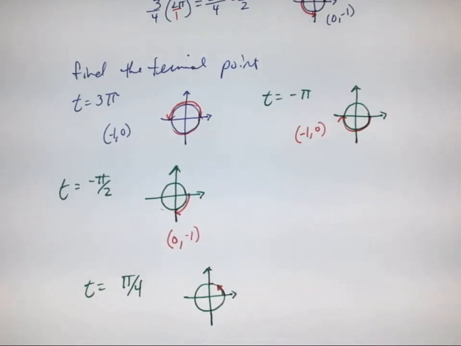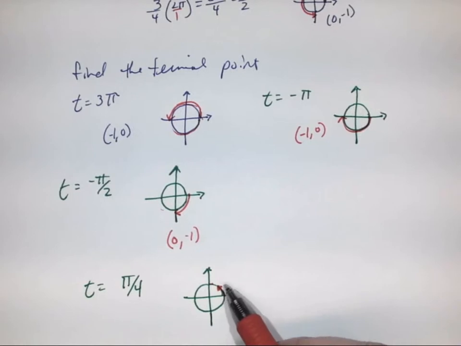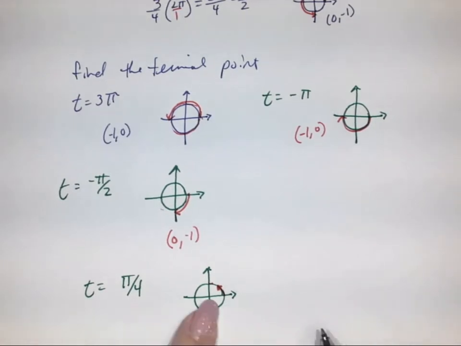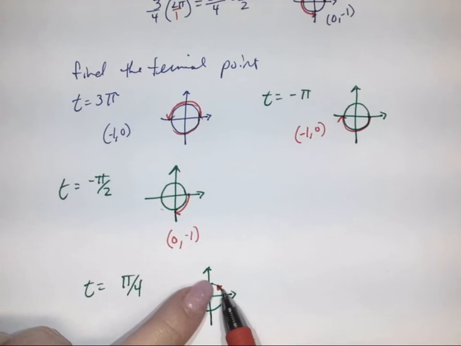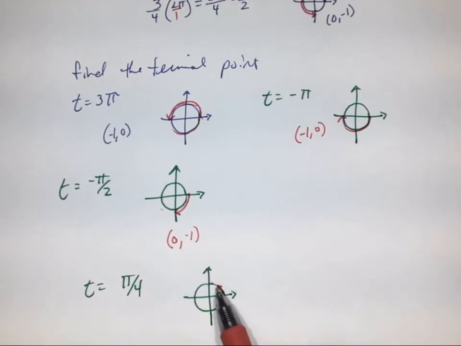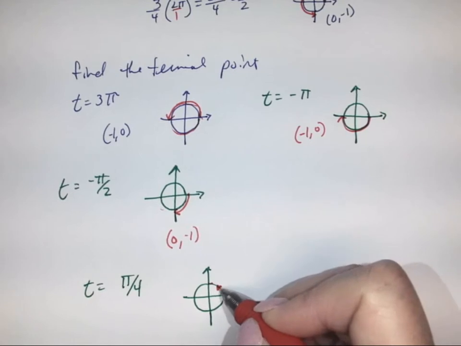Now we haven't figured out what those values are, but we can use some knowledge that we have. If we're 1/4 of the way and we're in quadrant 1, we can understand a couple of things. First of all, if we're landing halfway up, our x and our y values will be equal to each other, because it's the same distance here as it would be here.